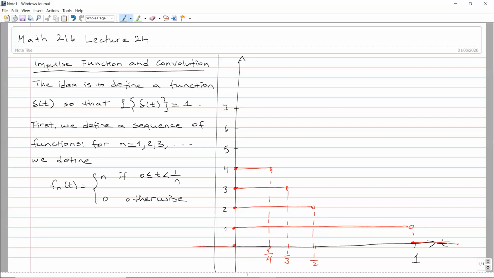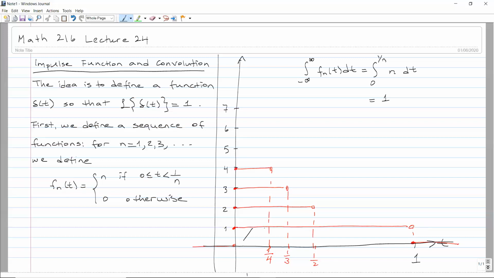These functions have the property that when you take the integral on the whole real line, the function is not 0 only from 0 to 1/n, and the value of the function in this interval is just n. So the value of this integral is always going to be 1.